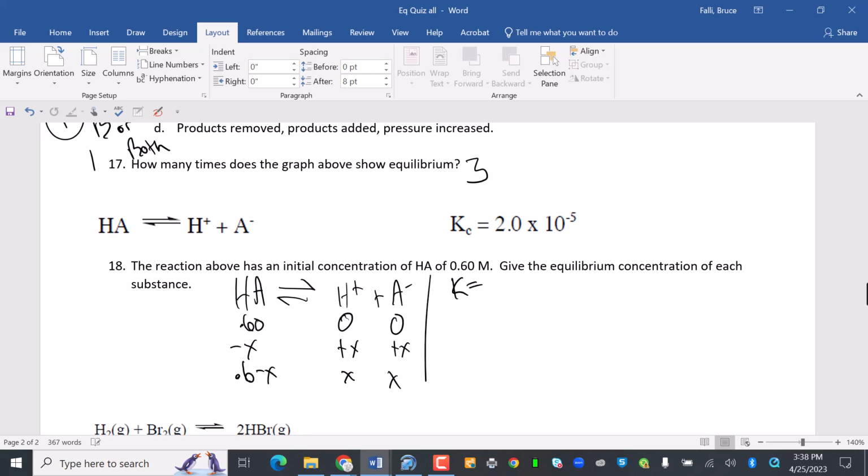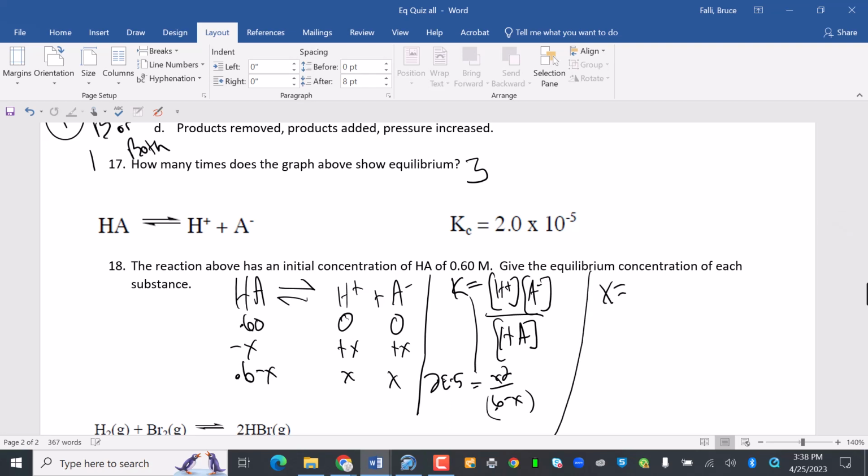K is H positive times A negative over HA. Substitute. 2E negative 5 is X squared over 0.6 minus X. Let's solve that bad boy. X equals.